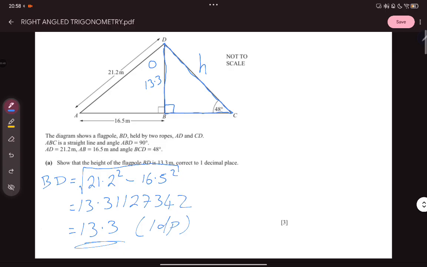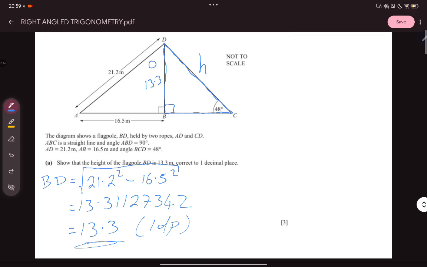Now, you might have heard me in other videos saying never use a rounded answer in a calculation. However, in this case, we may use B to D is 13.3. Why? Because they're actually telling us. They say, show that the height of the flagpole is 13.3, correct to 1 decimal place. If there's a show that question and we have to use the value from the show that question again, it is perfectly fine to use the value that they tell us in the question.